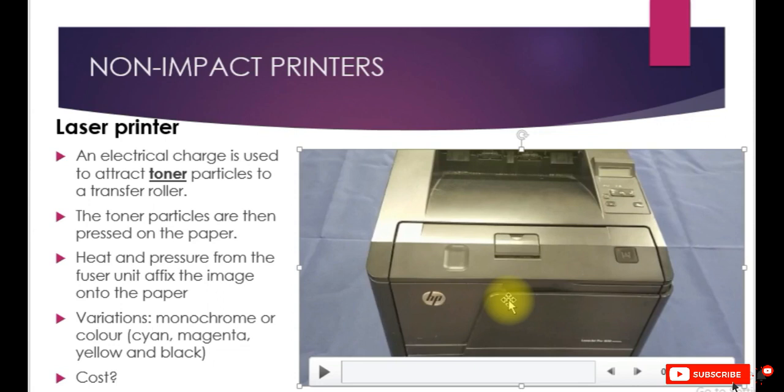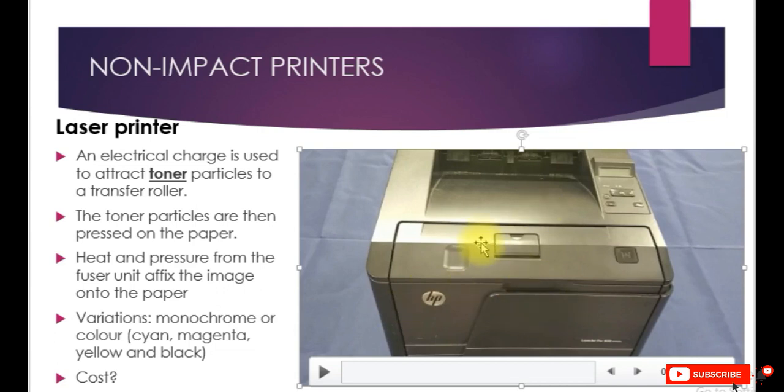Typically, with inkjet printers, the prints are more expensive because the inks themselves are quite expensive, and you're not getting a whole lot of prints from them. Typically, you'll get a few hundred copies printed from the inks, whereas with the laser printer, you can typically get thousands of pages printed from the toner.